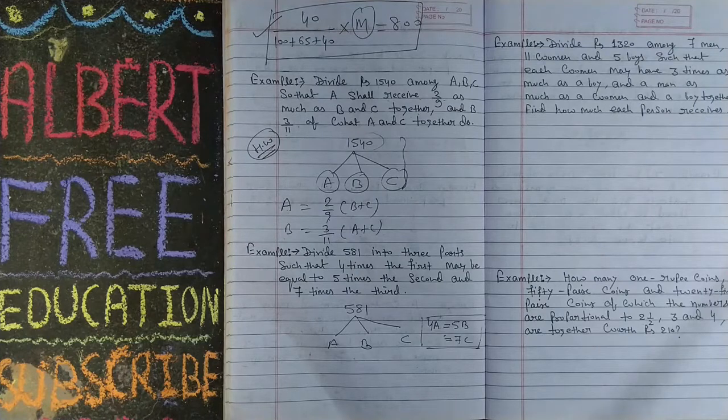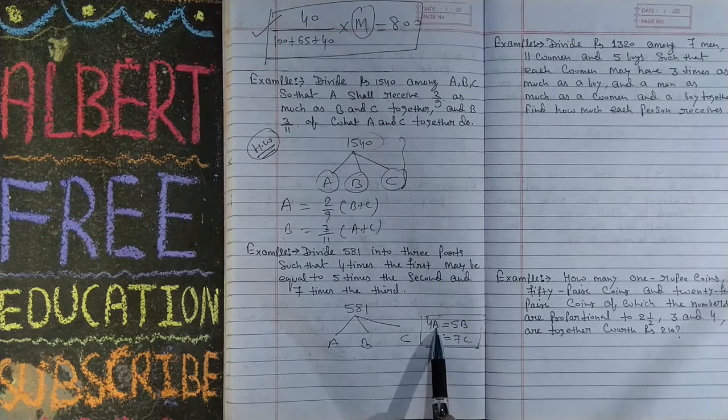So how to solve this one? 4 times of A is equal to 5 times of B is equal to 7 times of C. So what about the first part?